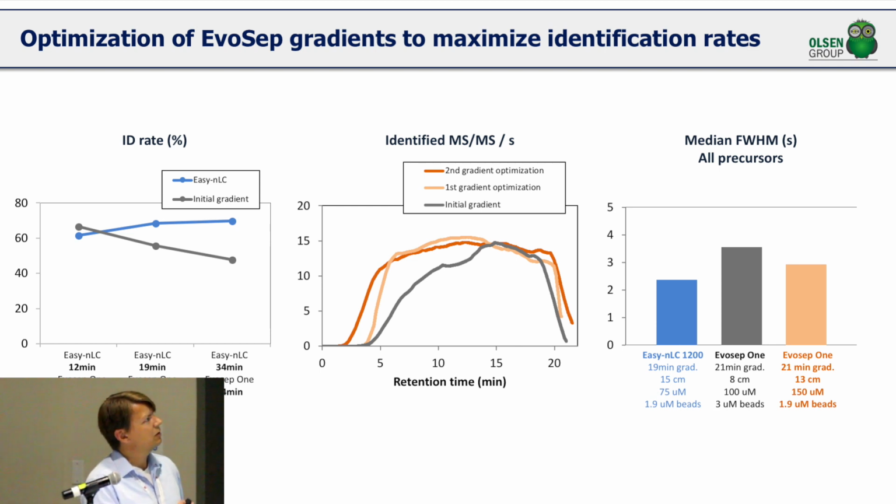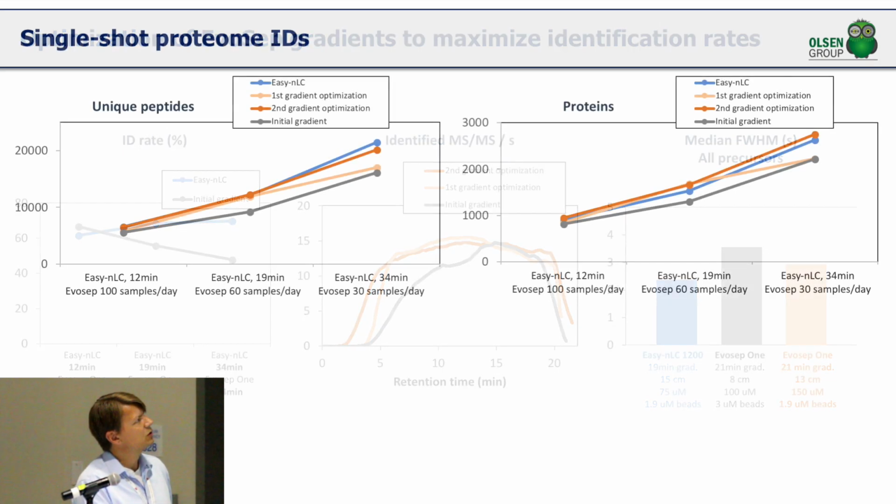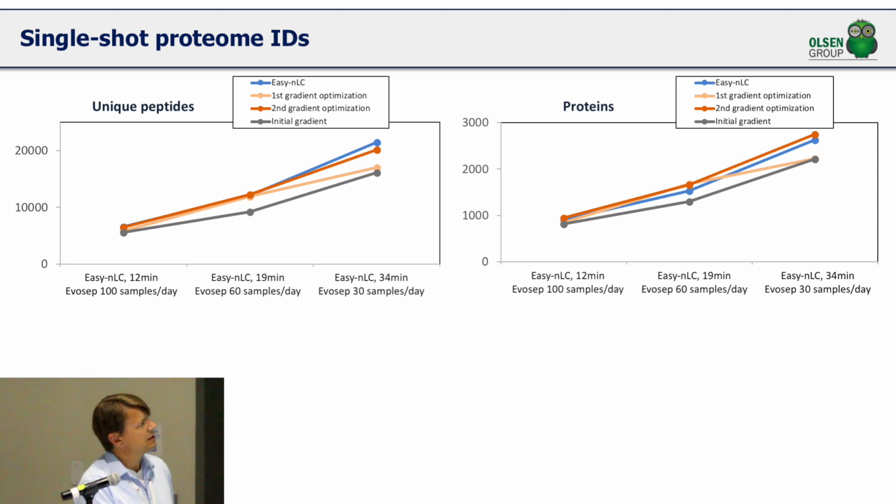And when we now analyze our standard HeLa digest samples on the systems, we can see that we achieve more or less the same number of identifications on the EvoSep as we do on the Easy-nLC system. From the initial gradient up to the optimized second gradient, we're actually very close. It's mainly on the longer gradients that we see a slight difference in the number of identifications.